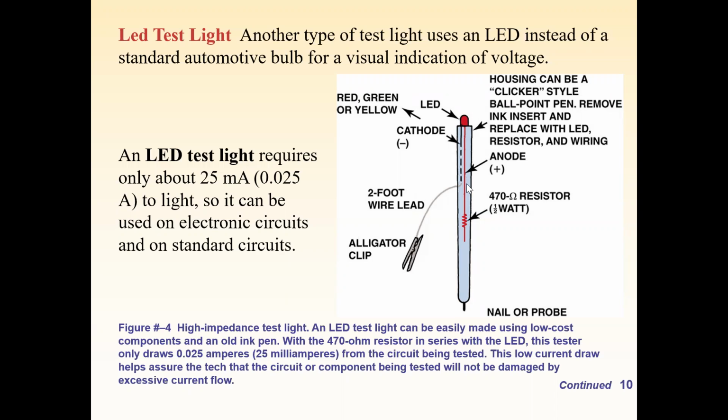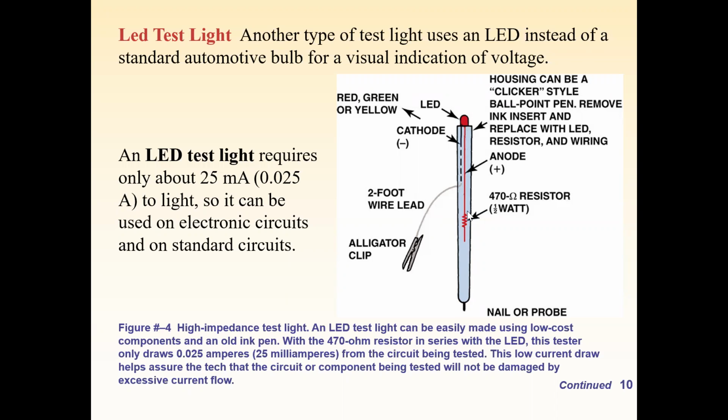In the anode, we have connected a 470 ohm resistor. Why a resistor? Because the current will flow from the alligator clip to the LED, and the resistor limits the current flow in this system.